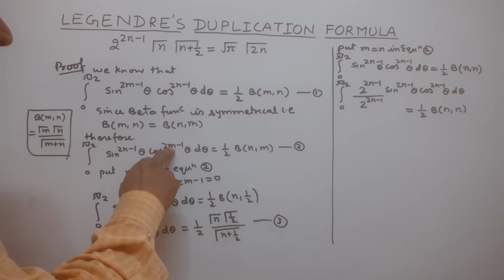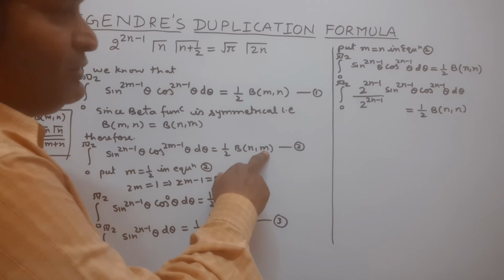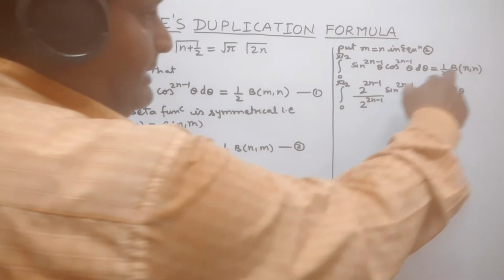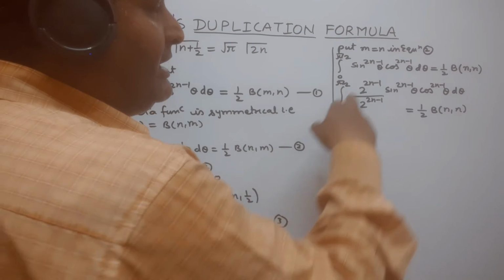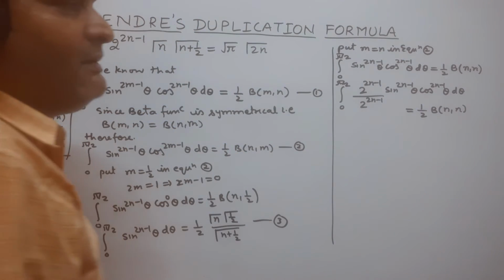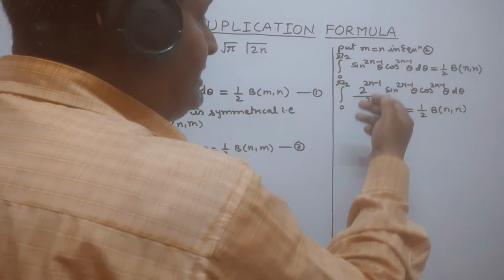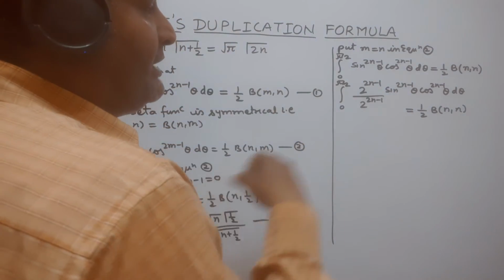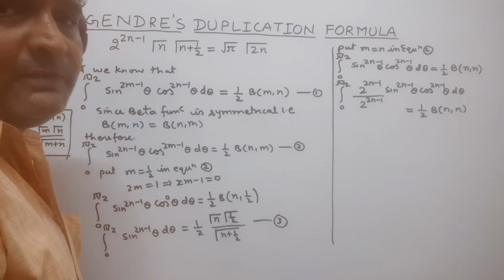Here we put n in place of m, and on the right hand side we also put n in place of m. So we can see that on the left hand side, inside the integral, the power of sin and cos are both the same. Here the power is 2n minus 1. So multiply inside the integral, in the numerator and denominator, by 2 to the power 2n minus 1 divided by 2 to the power 2n minus 1.